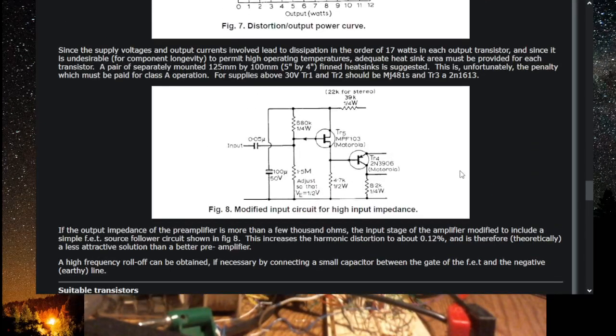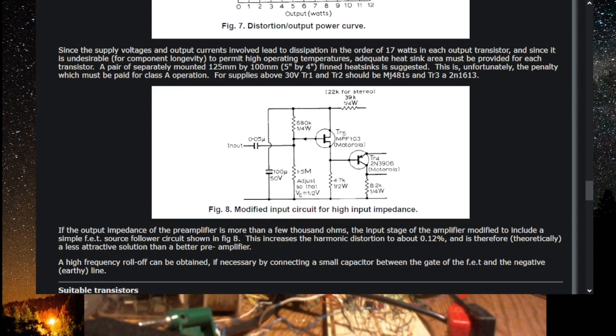Well, where's that one? Modified input circuit for high input impedance. So there's your FET, and that thing's pointing in the wrong direction. That arrow is pointing the opposite direction here.